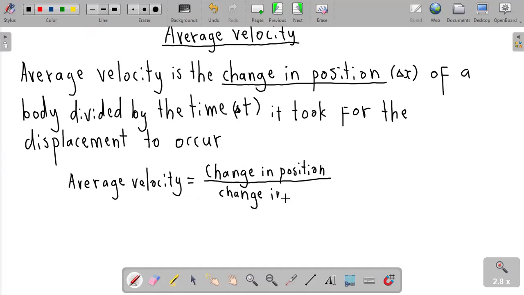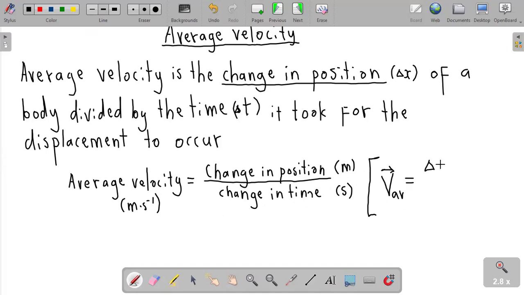Again here, the position should be in meters, the time should be in seconds, and the velocity should be in meters per second. In terms of symbols, we say V average, denoted by a vector, equals change in position delta x over change in time delta t, the time taken for the displacement to occur.